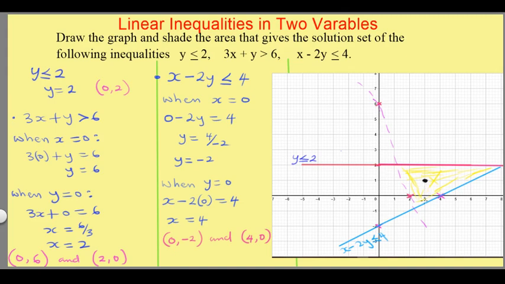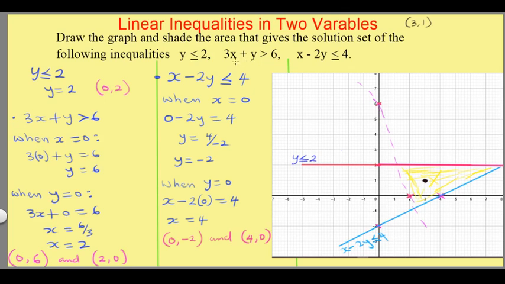Look at the coordinate of this point. x is 3, y is 1. That's (3, 1). Now let's look at it here. Here y is less than 2, isn't it? Yes, y is less than 2 because it's 1. Good.